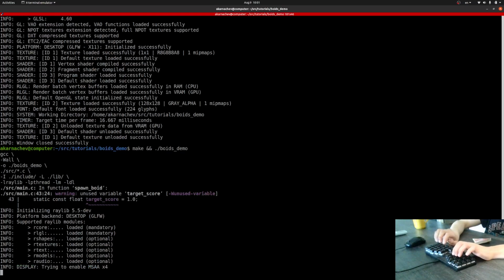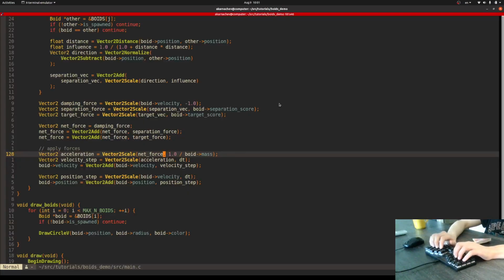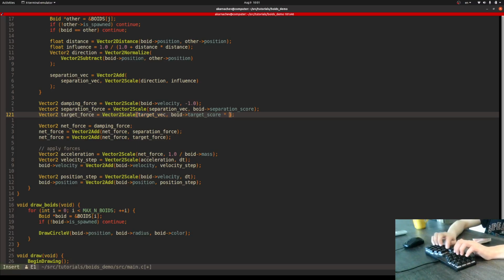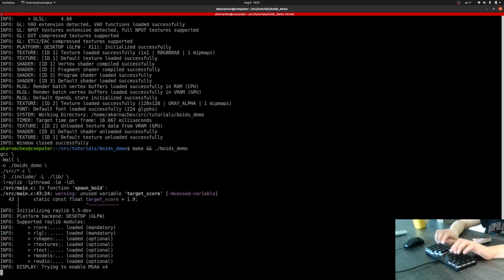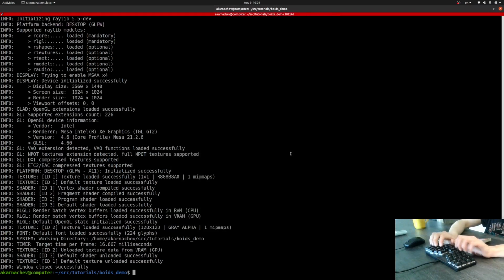Let me run the application. Do they move? For some reason they don't move towards the mouse. Net force, target force. Target force shouldn't be much larger. No, they don't move for some reason.